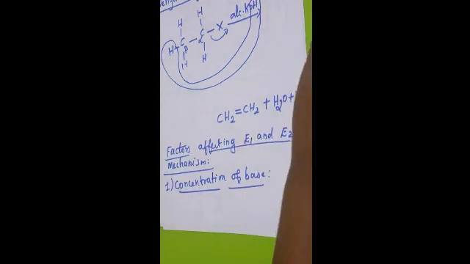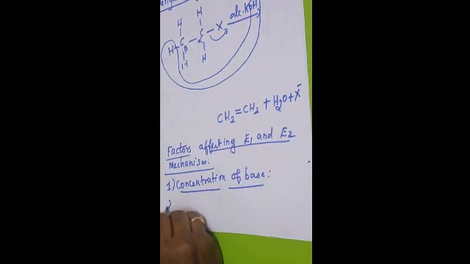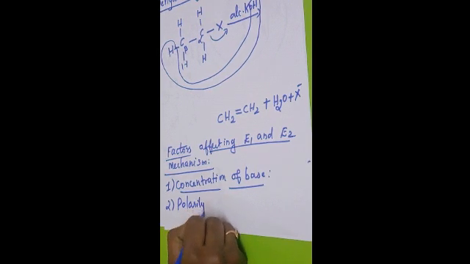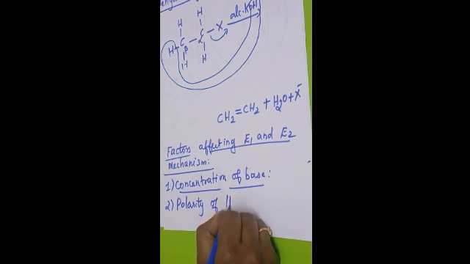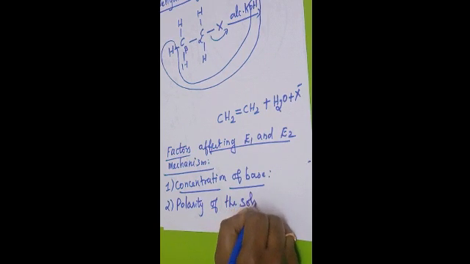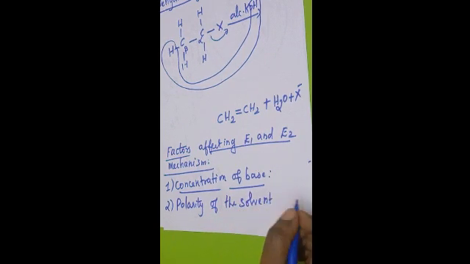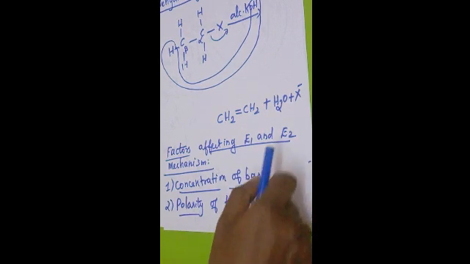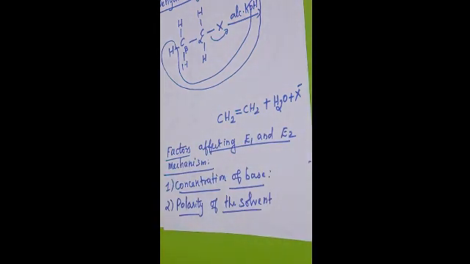The second factor is polarity of the solvent. Polar solvents promote separation and formation of localized charges. Therefore, solvents of low ionizing power favor the transition state of E2 reaction.